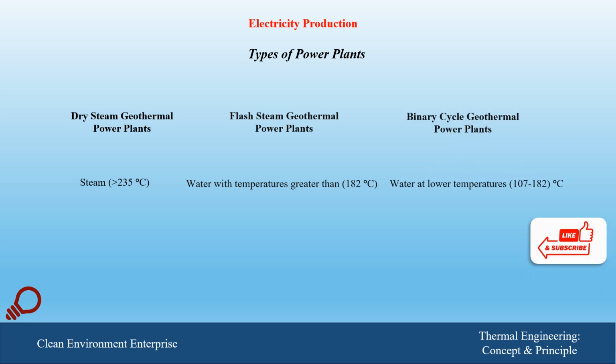And finally, we have the binary cycle geothermal power plant, which uses an intermediate cycle, or other fluid, in a heat exchanger, which extracts energy from hot water that is extracted from Earth at temperature range between 107 to 182 Celsius.